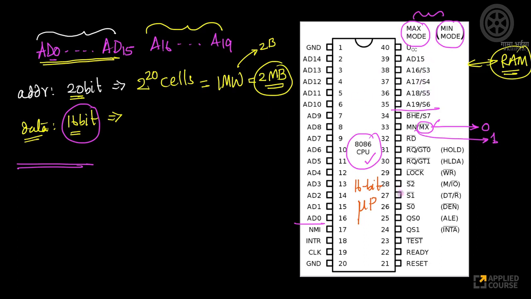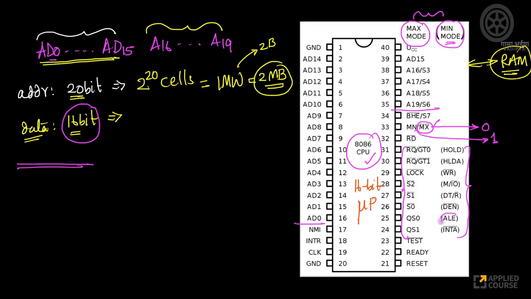If we are in max mode, these pins are also multiplexed pins and represent these signals: lock signal, S2, S1. Each processor has lots of special purpose pins of its own. But if I'm operating in min mode, the same pins are interpreted as hold, M by IO, DT by R, and other things.